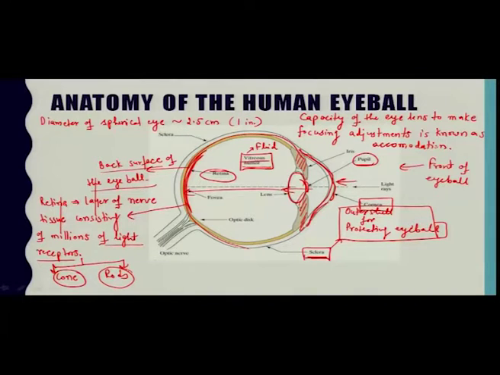The cones are highly sensitive to bright light and are used for daily light vision like sunlight, but the rods are sensitive in low levels of illumination and are used for night vision. So, the cone is helpful in daylight and the rod is used for night vision where the level of illumination is low.